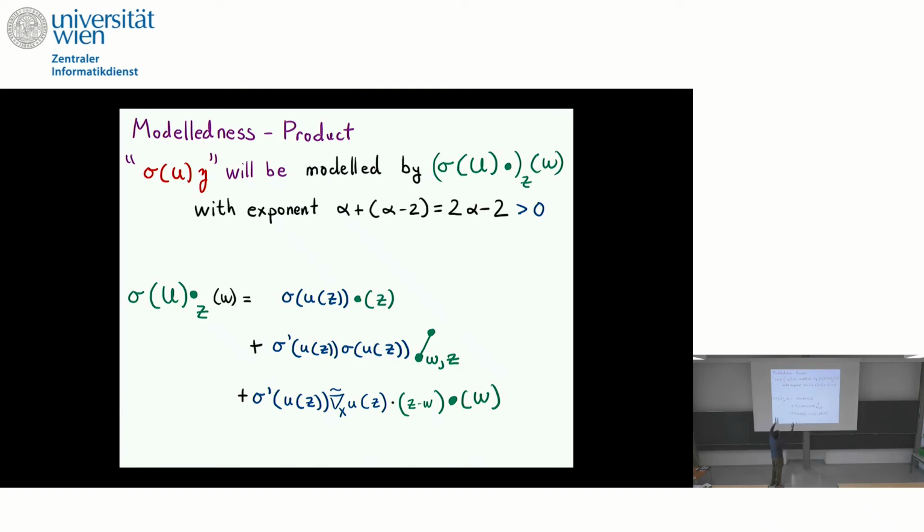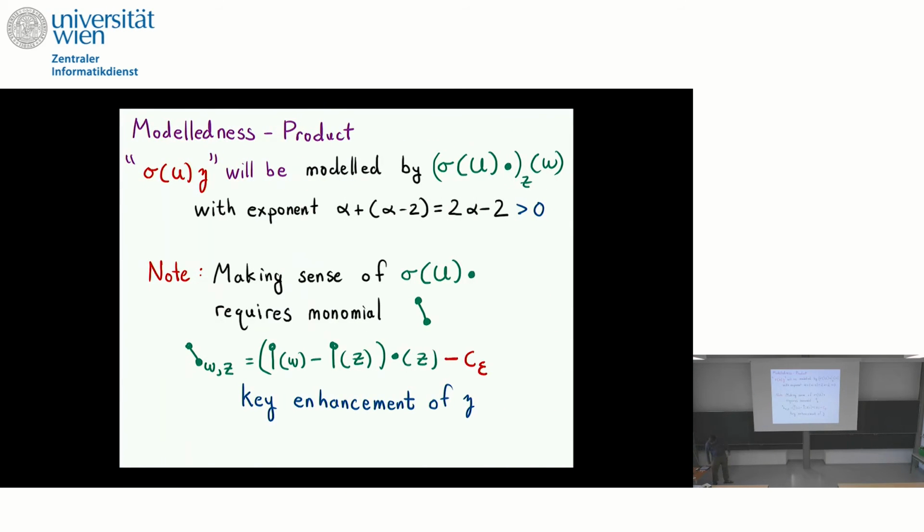And I can multiply those two jets, and then I'm led to this modeledness jet for the product that I don't know how to define. And so here I've inserted a new monomial. And this new monomial is something that is not classically well defined.